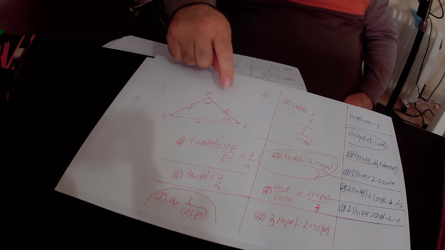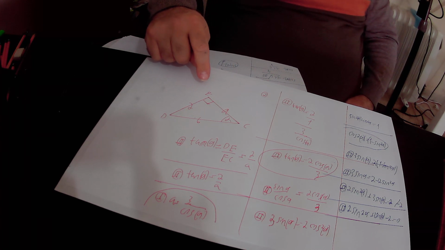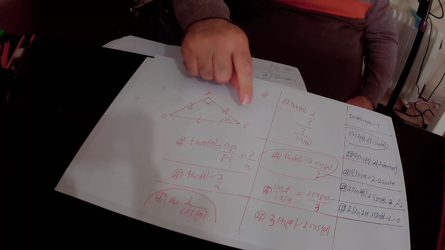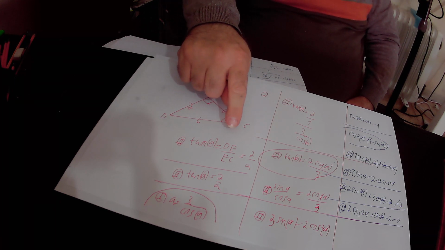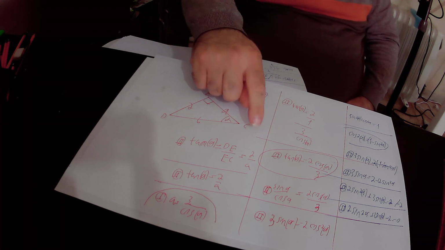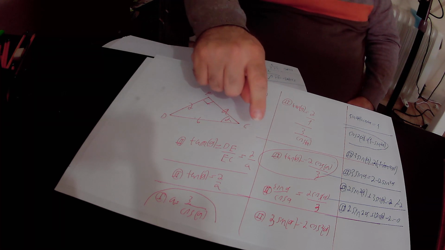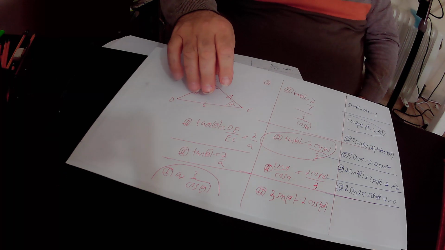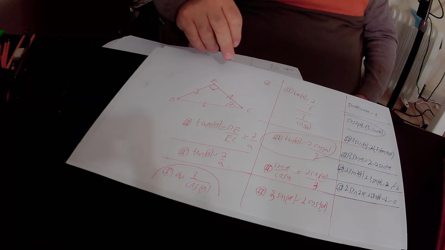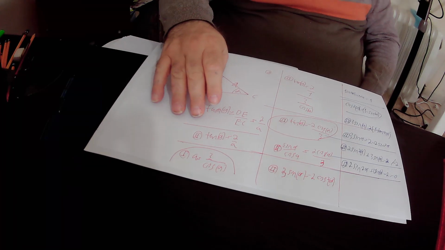So here tangent alpha equals DE over EC. DE equals 2, EC equals A, so in conclusion tangent alpha equals 2 over A, according to equation number 2.